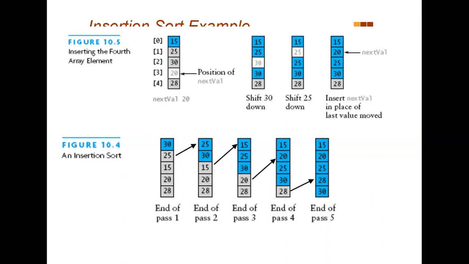So the main difference to bubble sort and selection sort is where you get the value. To get the value, we take a card from the table, and then you begin the overall procedure.